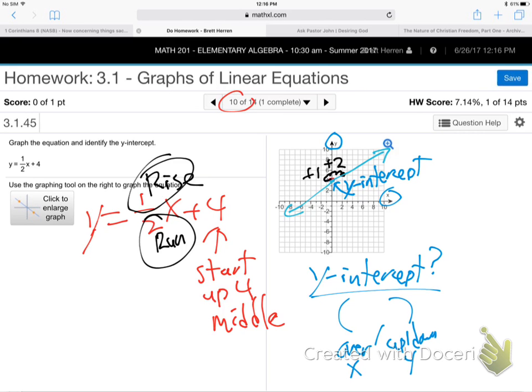This one's over 0, up 4, isn't it? Because this was back when we were doing the 4 one. It switched when I changed it. So that one's over 0, up 4, you can tell. And that's it. That's the second answer they want. They just want the coordinates where the graph hits the y-axis. Is that good? We okay with that? It's called the Y-intercept.